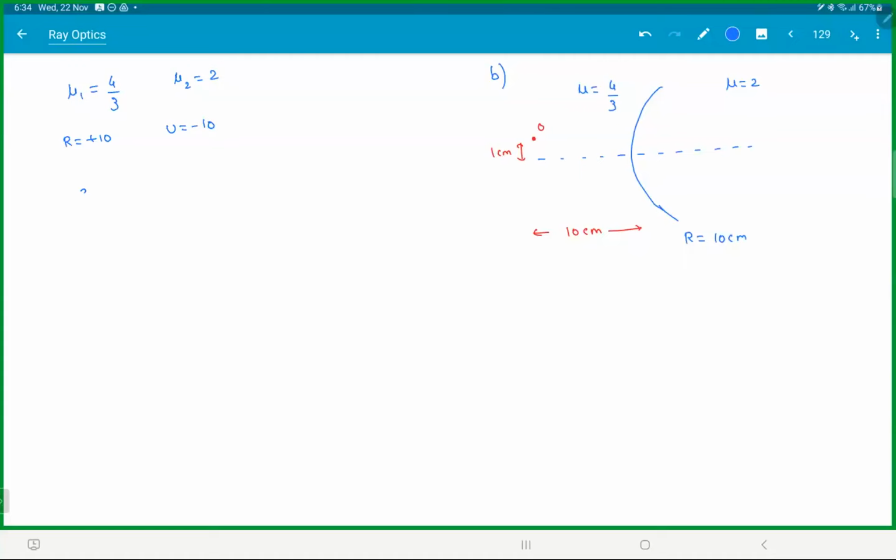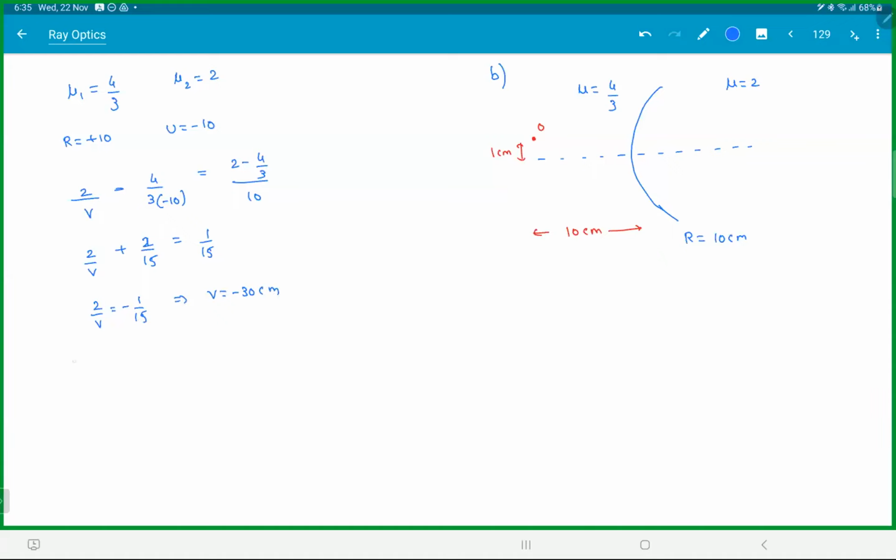Applying the formula mu2/v minus mu1/u equals mu2 minus mu1 by R: 2/v minus 4/3 by minus 10 equals 2 minus 4/3 by 10. This would be 1/15 and 2/15. So 2/v is minus 1/15, so v is minus 30 centimeters.